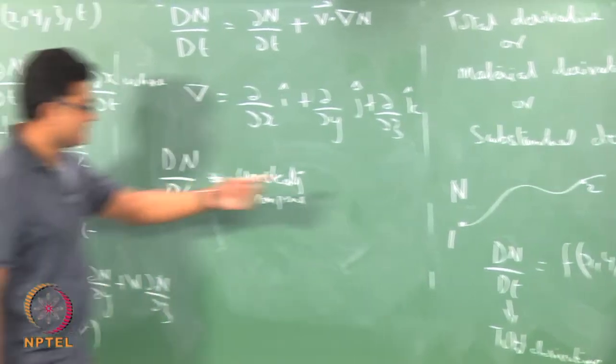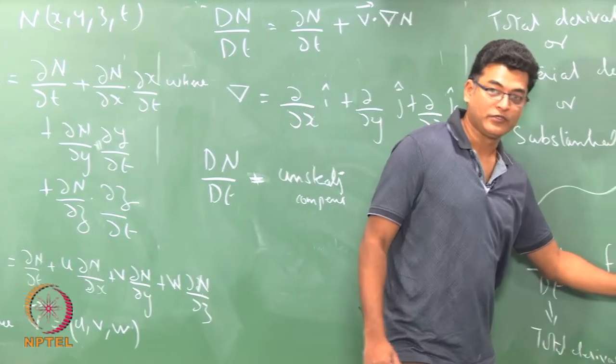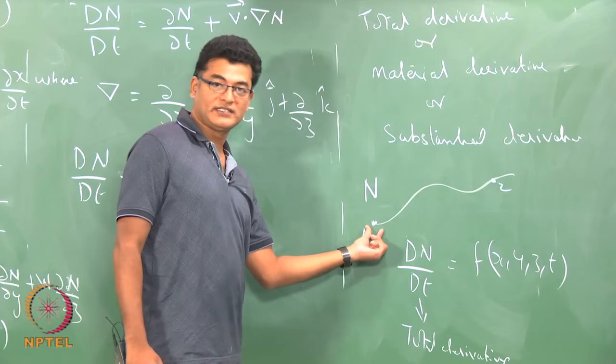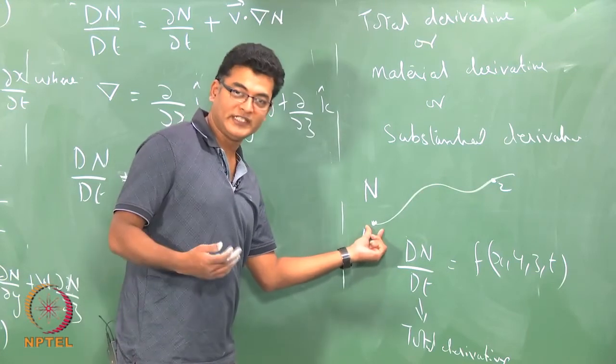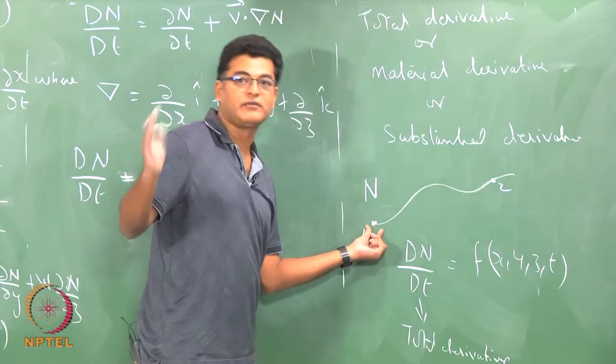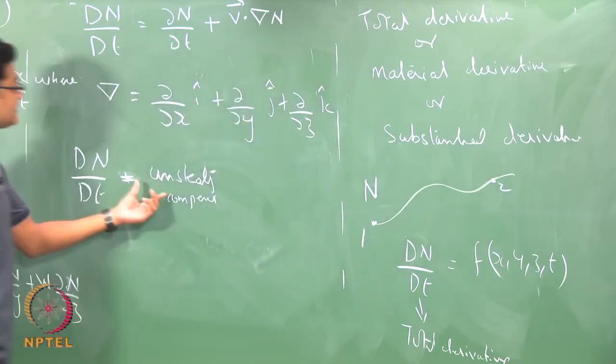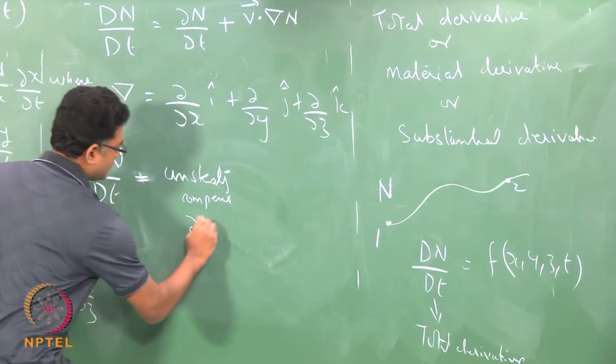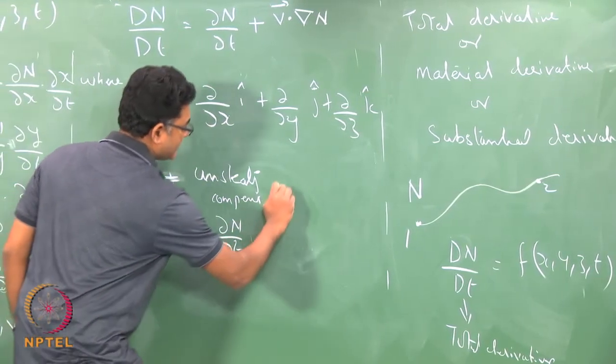Okay. So, n is a function of time also. So, this n that is measured at some location is going to be different if you measure it at a different point of time. Okay. That is this part dn by dt.